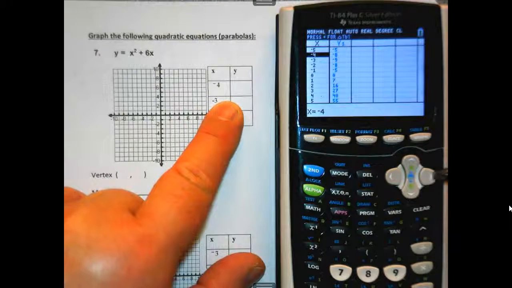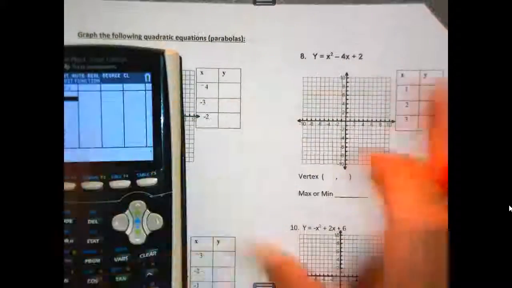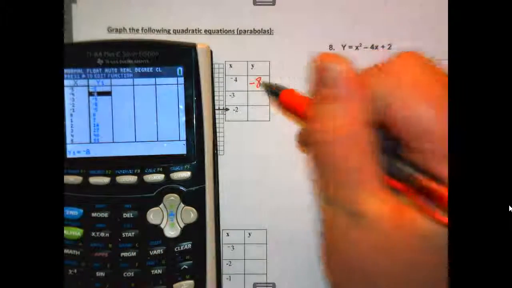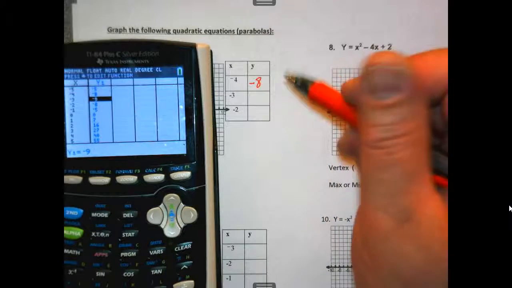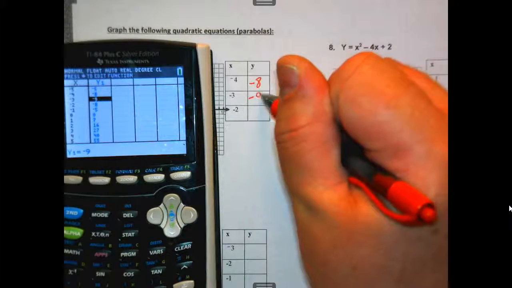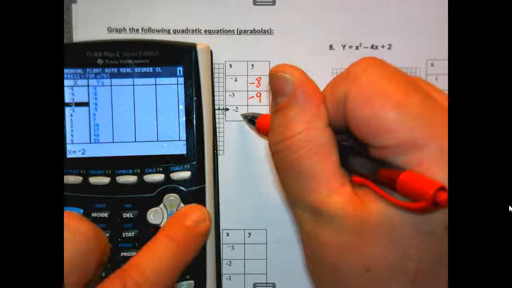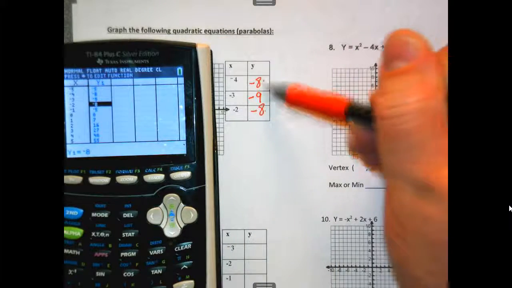So -4, comma, my y is -8. If I look at x equal -3, my y is -9. If I look at x equal -2, my y is -8. Notice the y's start repeating.